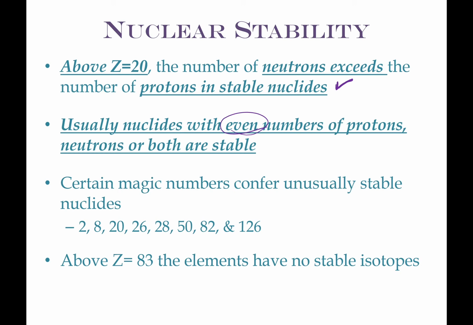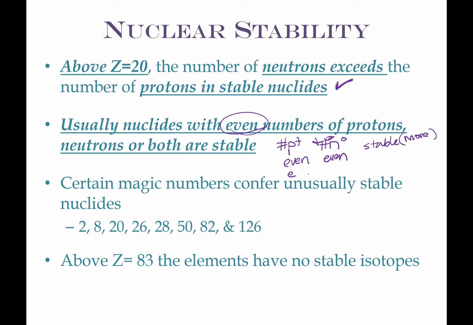In our lower elements, we see that most of them have some type of stable isotope. But when you look at the number of protons and the number of neutrons, if you have an even-even combination, that's almost always stable, or it's more stable.